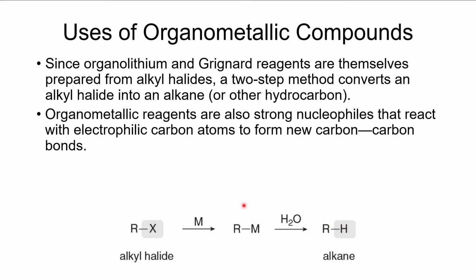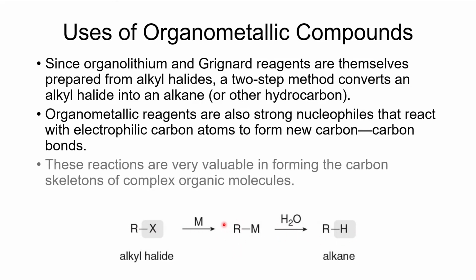The main use of our organometallic reagents is that they are very strong nucleophiles, and we're going to use them as nucleophiles 99.9% of the time. But there are certain situations where you may have a halogen that you want to get rid of, and in doing so, you can replace it with a hydrogen using these kinds of reactions.